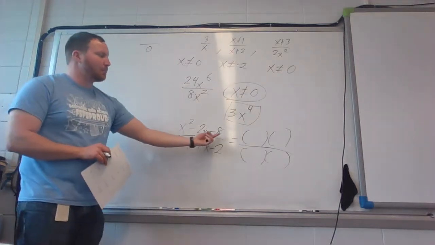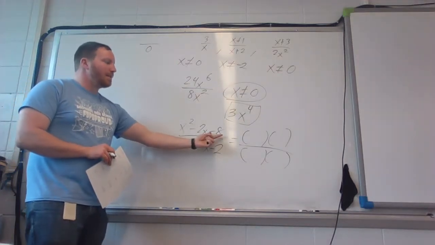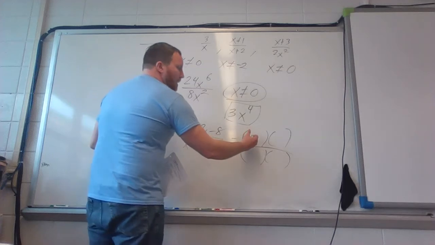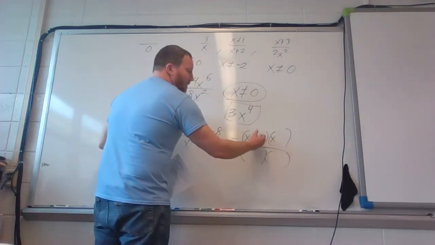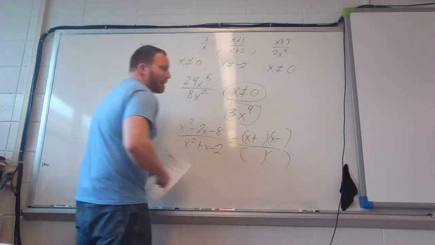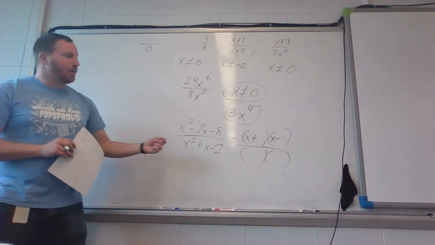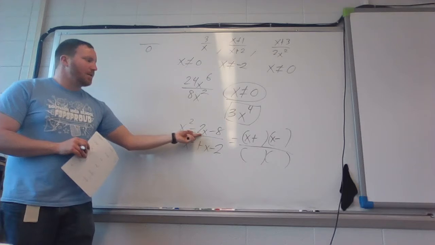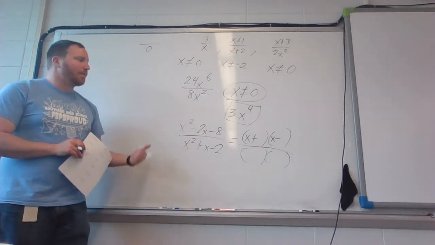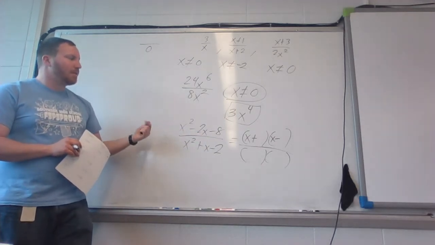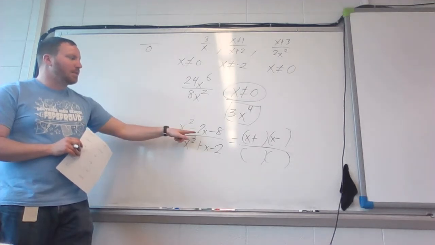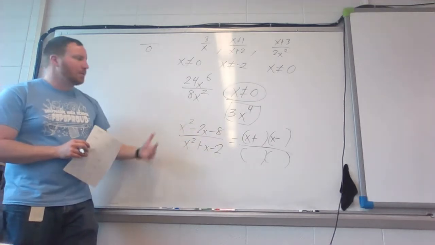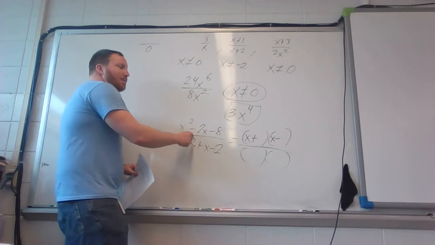So the first thing we want to do is look at our c value. It's negative. There's only one way we can get a negative product, that is to have a positive times a negative. So we're looking for two numbers that multiply to get 8, whose difference is 2. Our factors of 8, of course, are 1 and 8, 2 and 4. The difference of those two would be 2, but we need a negative 2.